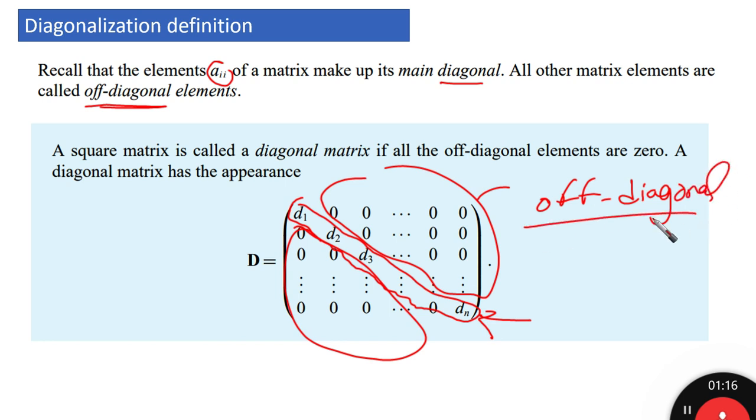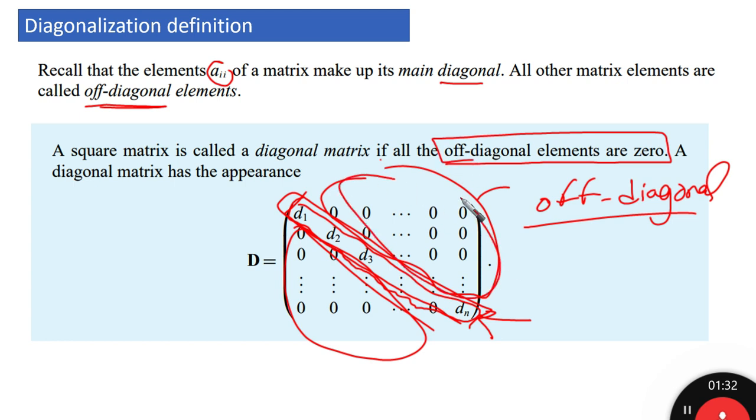First of all, the matrix should be square. A square matrix is called a diagonal matrix if all the off-diagonal elements are zero. This is the first condition: all of the off-diagonal elements are going to be zero. A diagonal matrix has the appearance you can see here.